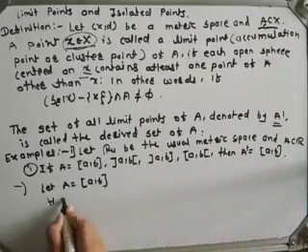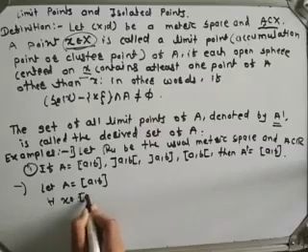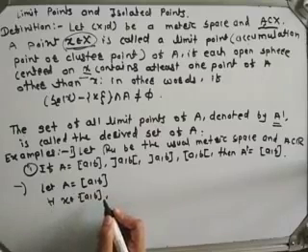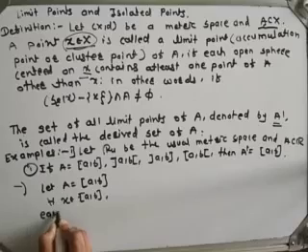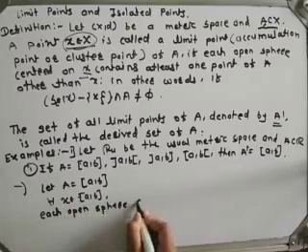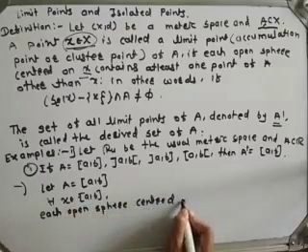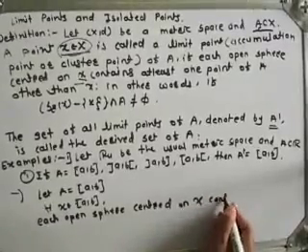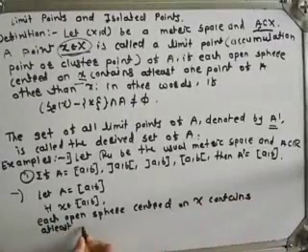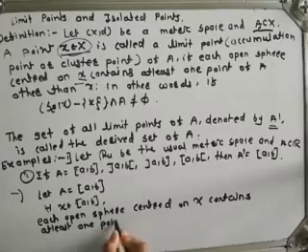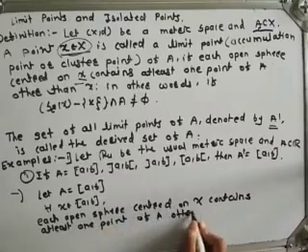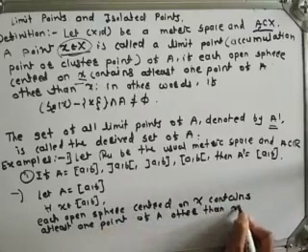Because for all x belonging to [a, b], each open sphere centered on x contains at least one point of A other than x.